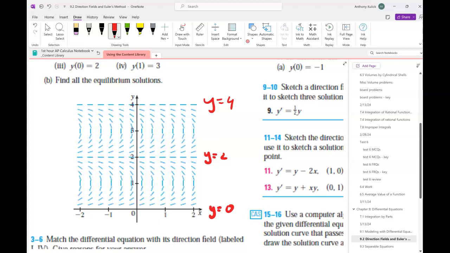You guys see that? As I go down, those slopes are flattening out. Looks like the next slope at y equals 0 would be flat. What else do you notice here though? Yeah, I have some verticals here. So what is that? What would that tell me?